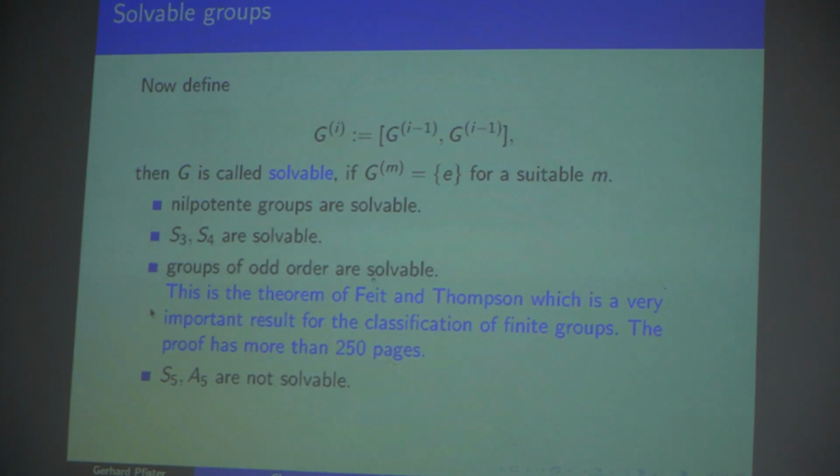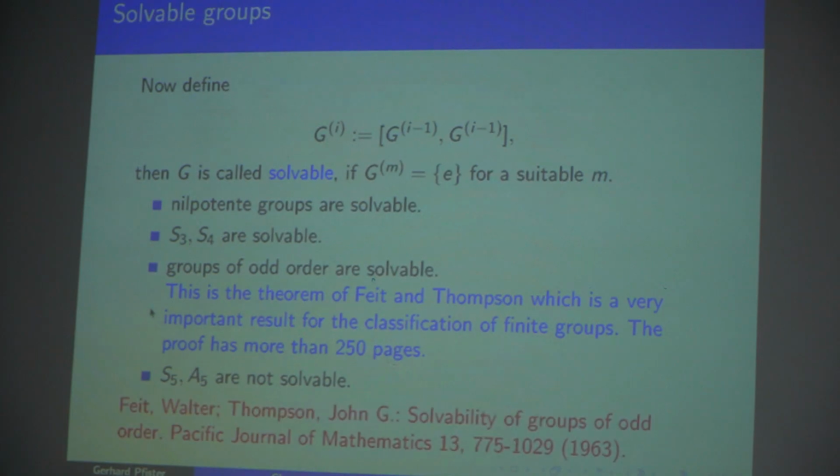And then S5 and A5 are not solvable. S5 is the permutation group of 5 elements, and A5 is the alternating group contained in it. And here's just a reference to the paper of Feit and Thompson, where there is a proof that groups of odd order are solvable.